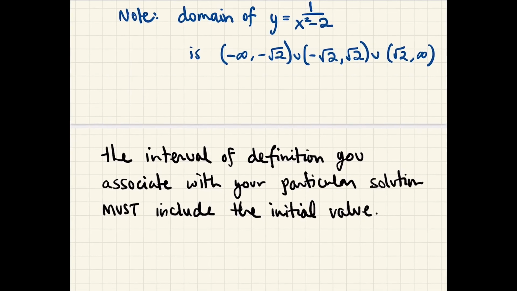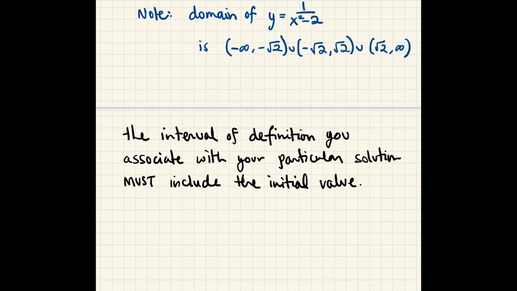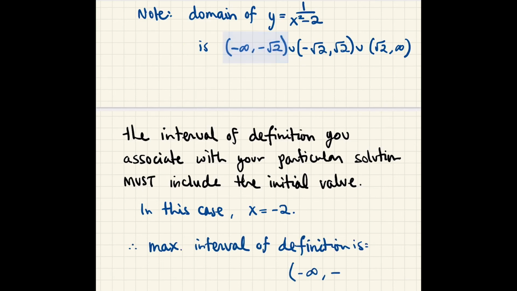So the x value that was given was -2. All right, well that means that we must choose this interval here, -infinity to -rad 2.